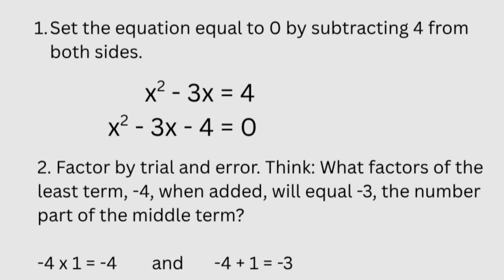So in other words, x squared minus 3x equals 4 is mathematically equivalent to x squared minus 3x minus 4 equals 0. Why? Because all we did was move 4 over the equal sign, or we subtracted 4 from the right-hand side. And so you know that if you subtract 4 from the right-hand side, you need to do the same thing on the left-hand side.